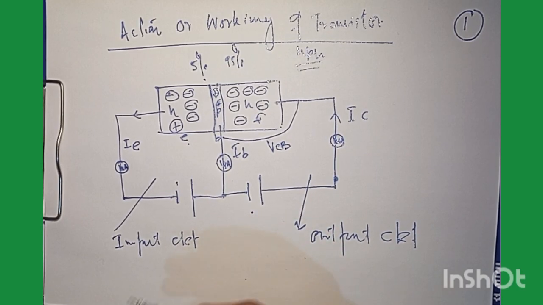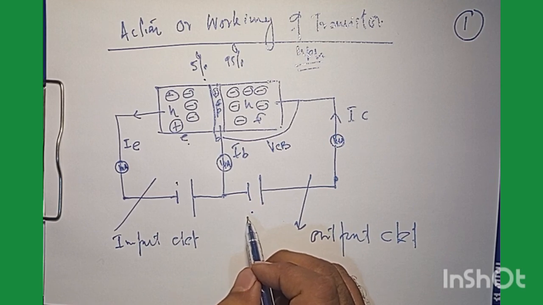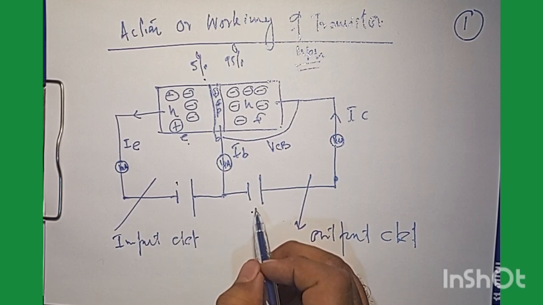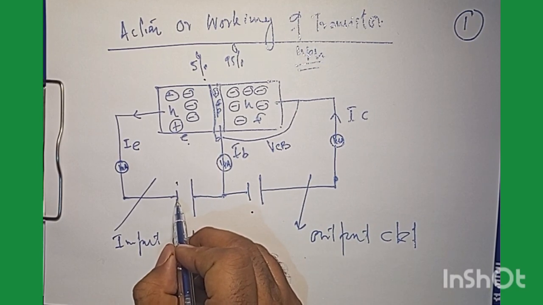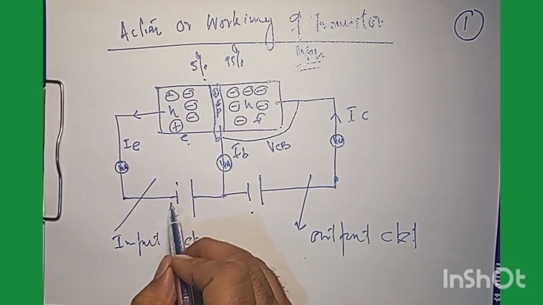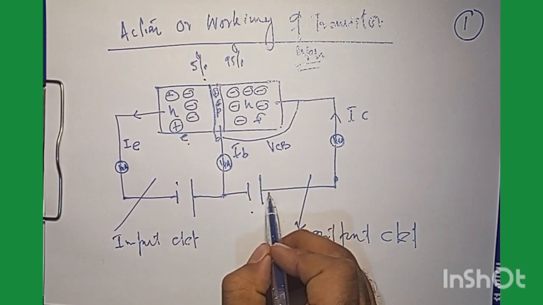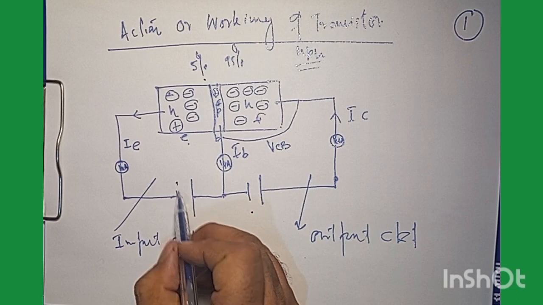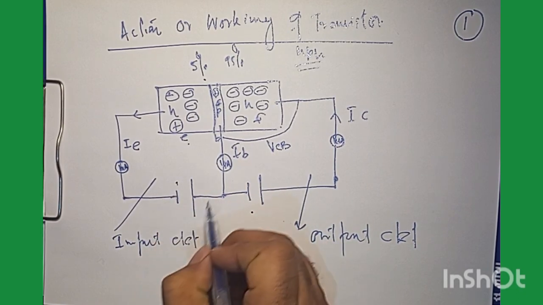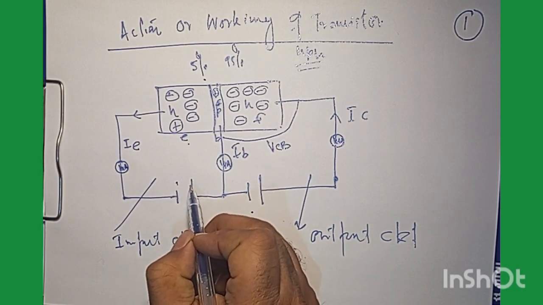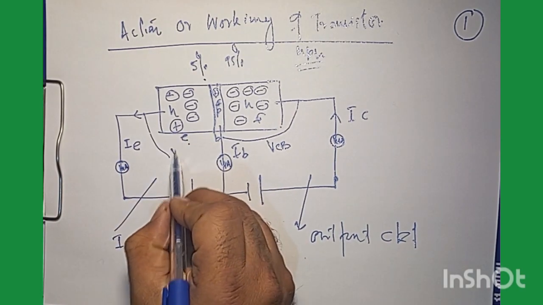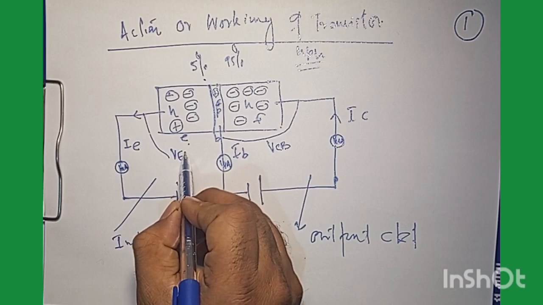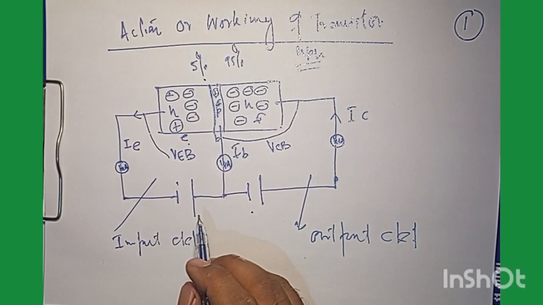For all the electrons that are entering this positive terminal of VCB, an electron from the negative terminal of VEB enters the emitter region. So you have an electron entering here, and at the same time an electron leaving from the negative terminal of VEB. This must be the voltage across the emitter and base terminals, right?